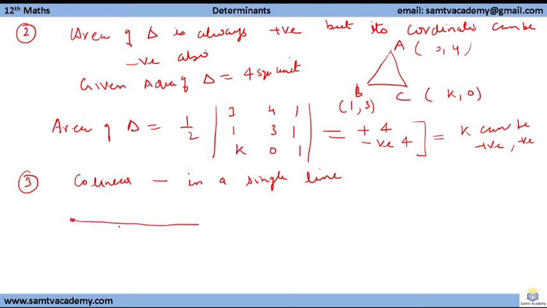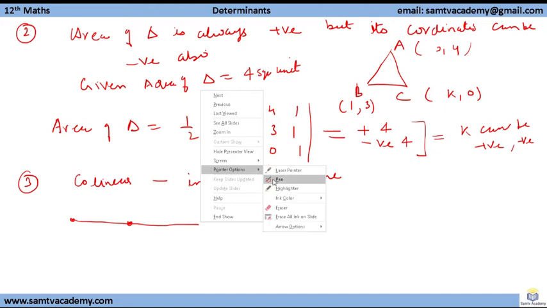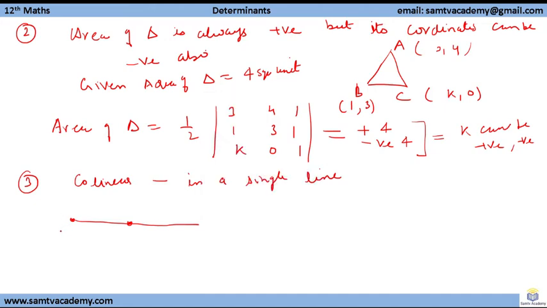Suppose this is 1 point, this is 1 point, and this is 1 point. So we will write here x1 y1, x2 y2, and x3 y3. These 3 points are on the same line. Collinear only means that they are lying on the same line.